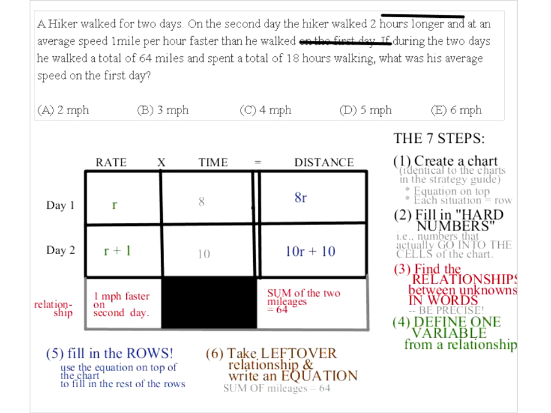So that means that 8R plus 10R plus 10 equals 64. And then finally, step 7 is you got to solve the equation, and perhaps plug back in. So in this case, you solve that equation.